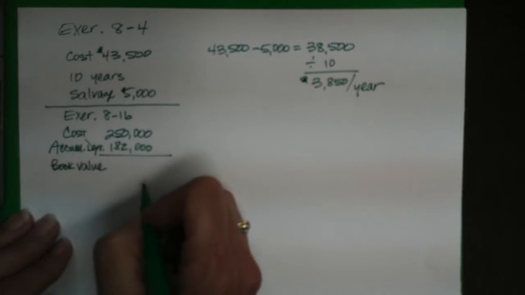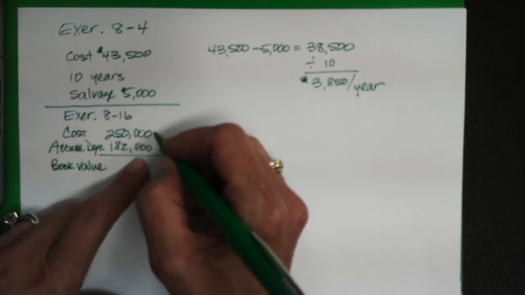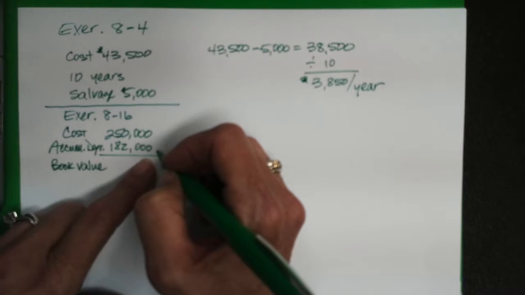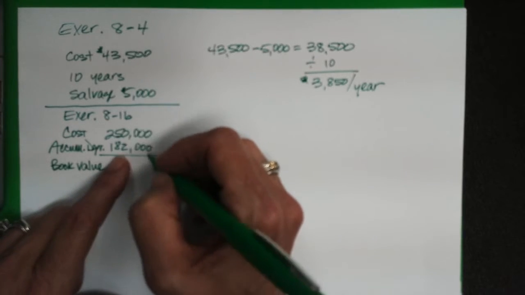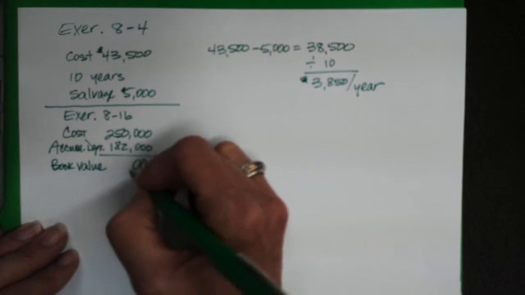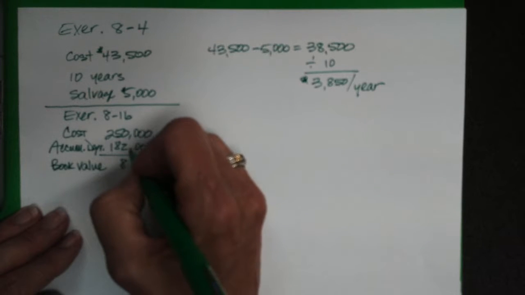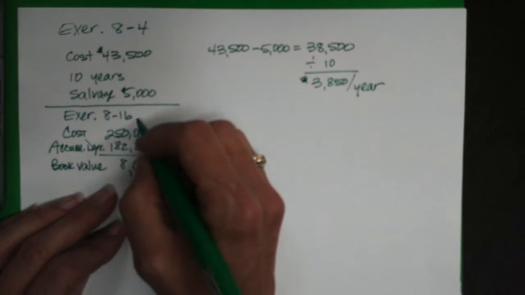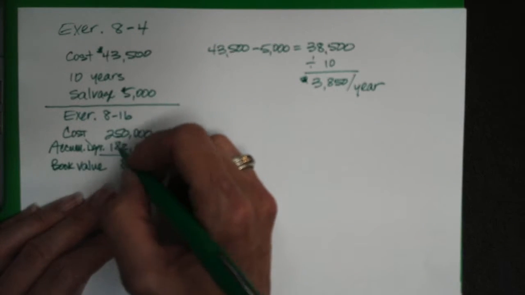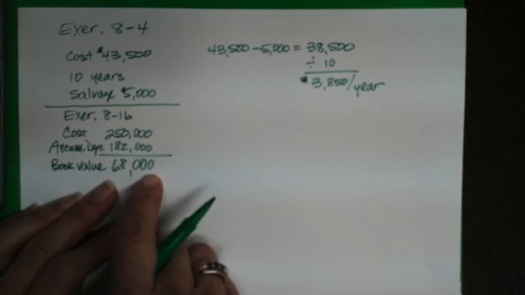When I say book value, I mean its cost, which is in the equipment account, minus the amount in the accumulated depreciation account, gives us its net on our books. That has nothing to do necessarily with what it's worth. This is just what we've written it down to. So it has a book value of $68,000.